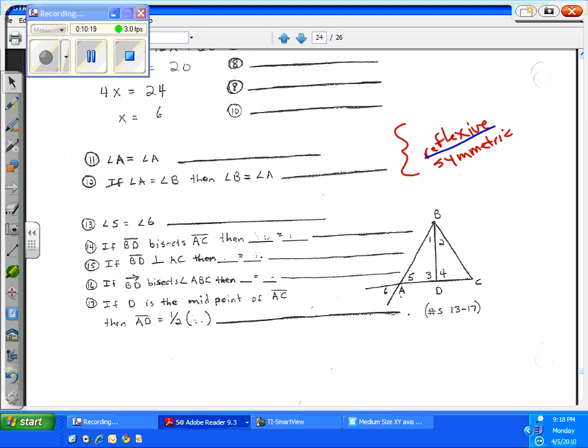Remember, reflexive is like looking in a mirror. It's equal to itself. So what's over here is what's over here. Now that's kind of tricky if we say look in a mirror, I know, because it kind of flips when you look in the mirror. But anyway, equal to itself, reflexive property.